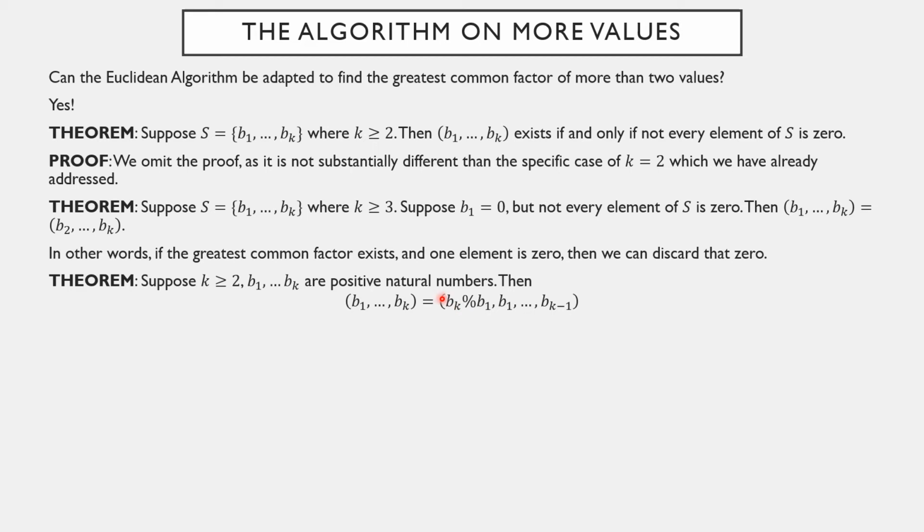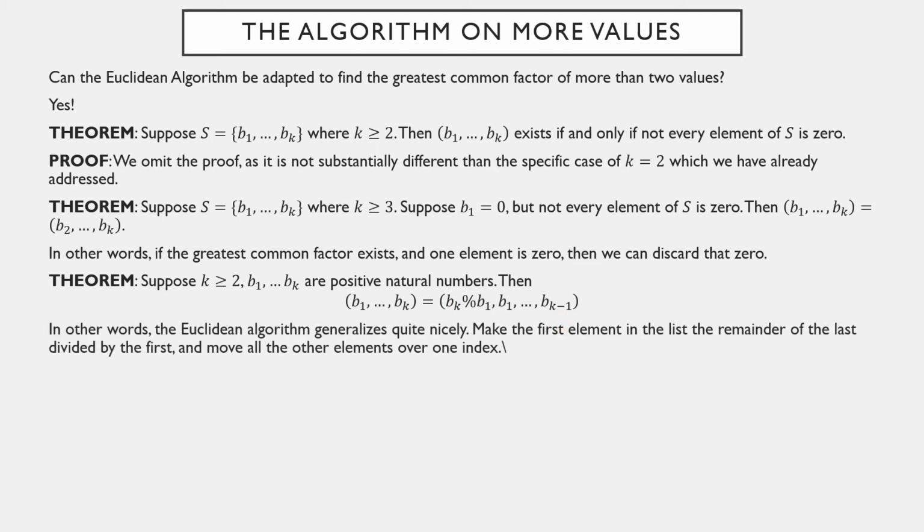Here's how we're adapting the Euclidean algorithm. First over last remainder goes first, and everything else just shifts over one spot. And again, you would have to go through and prove this, but it's not all that different from the one that we've already been working with. So make the first element in the list the remainder of last over first, move everything else one over.